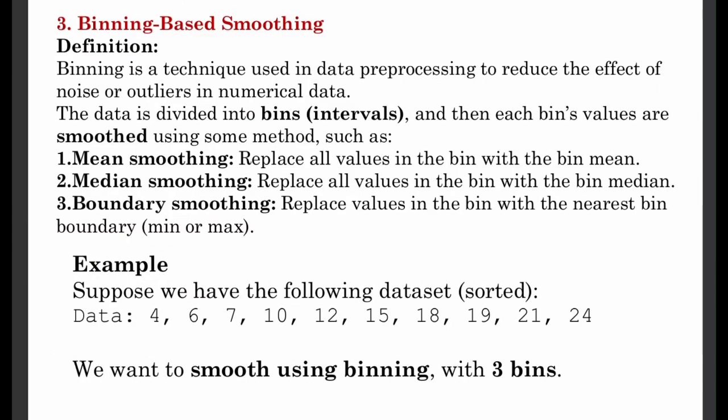And method 3 is binning based smoothing. Here data is divided into bins, that means intervals, and values within each bin are replaced by the bin's mean, median, or nearest boundary. For example, the data is given as 4, 6, 7, 10, 12, 15, 18, 19, 21, 24. Now we want to smooth using the binning method with 3 bins.